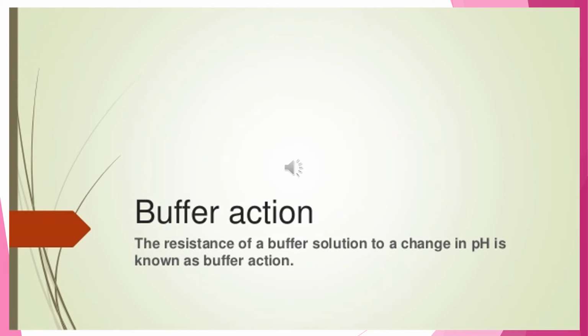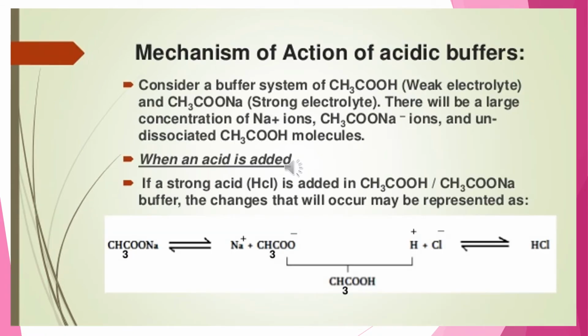Buffer action. The resistance of a buffer solution to a change in pH is known as buffer action. Mechanism of action of acidic buffers. Consider a buffer system of CH3COOH, a weak electrolyte, and CH3COONa, a strong electrolyte.